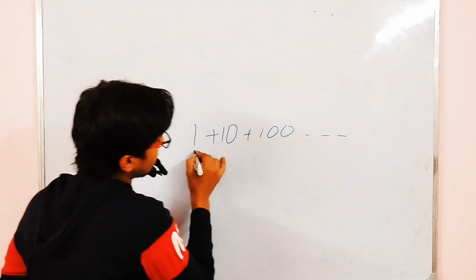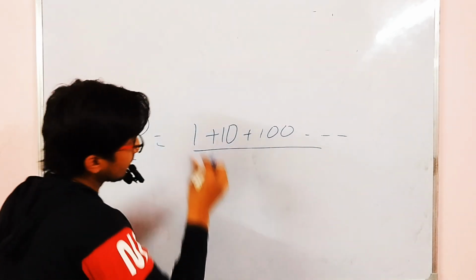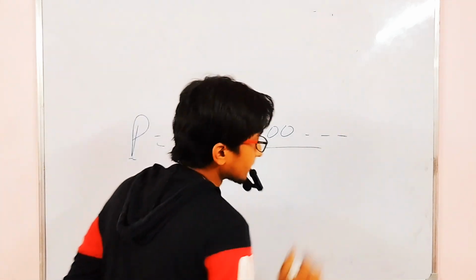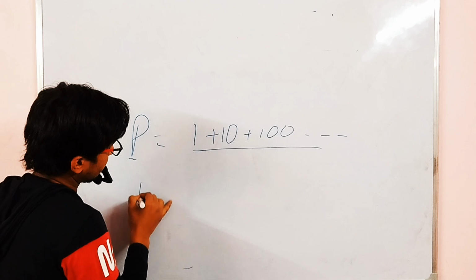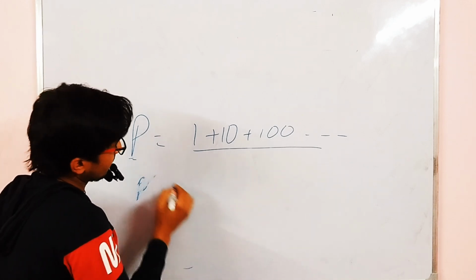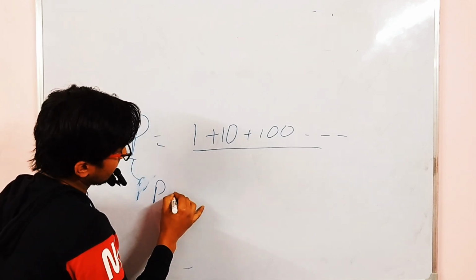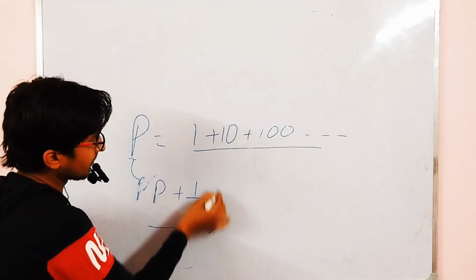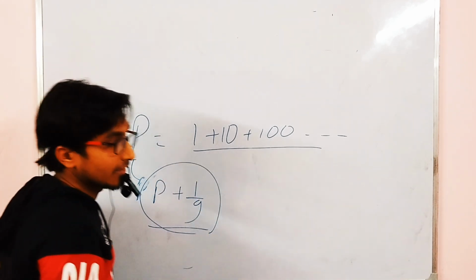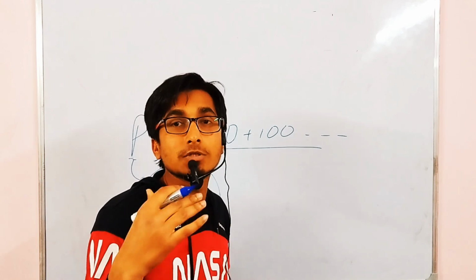Now if I add 1 upon 9 to this series, P plus 1 by 9, what does the series become? Let's see, then you will be able to imagine what Ramanujan wanted to say.